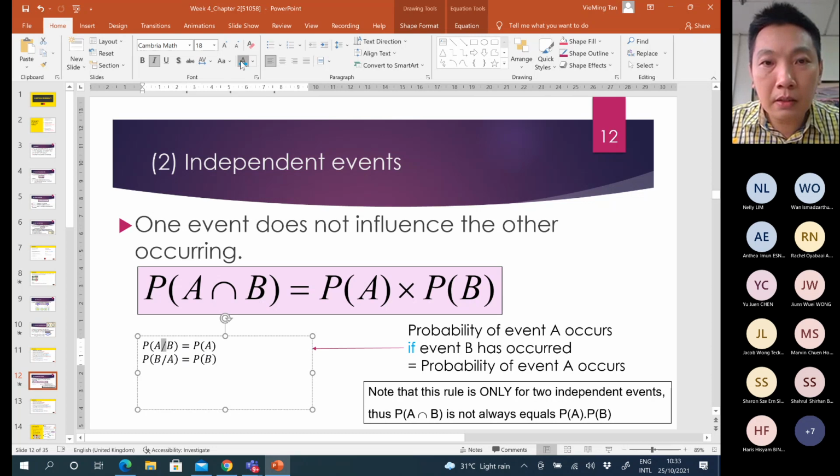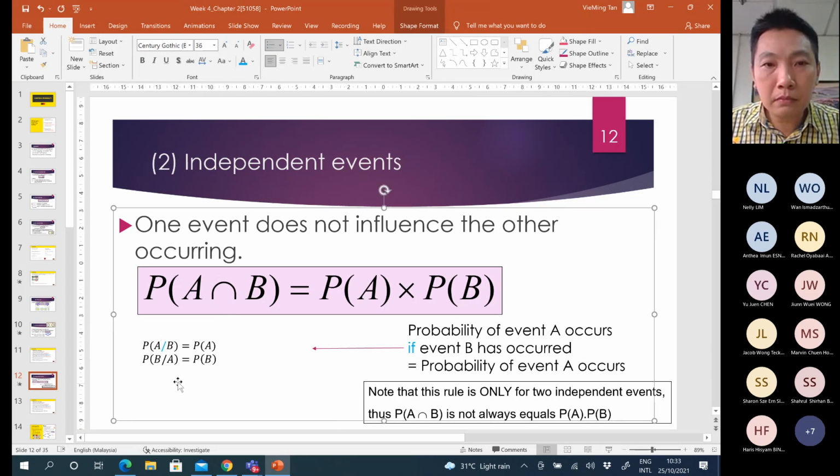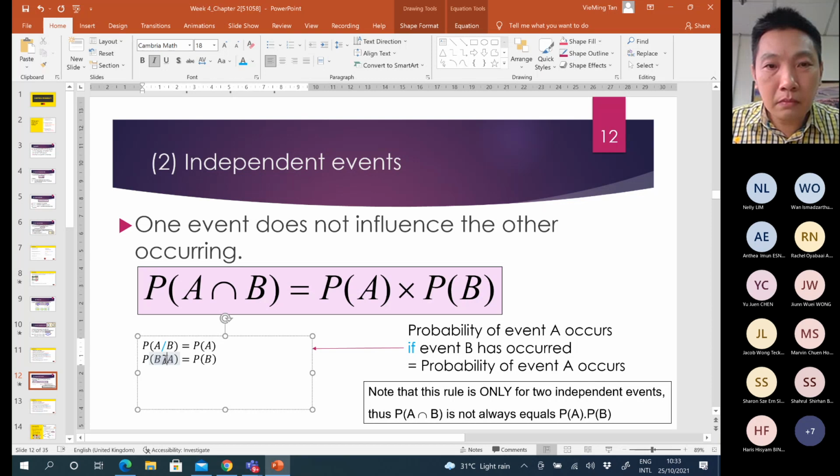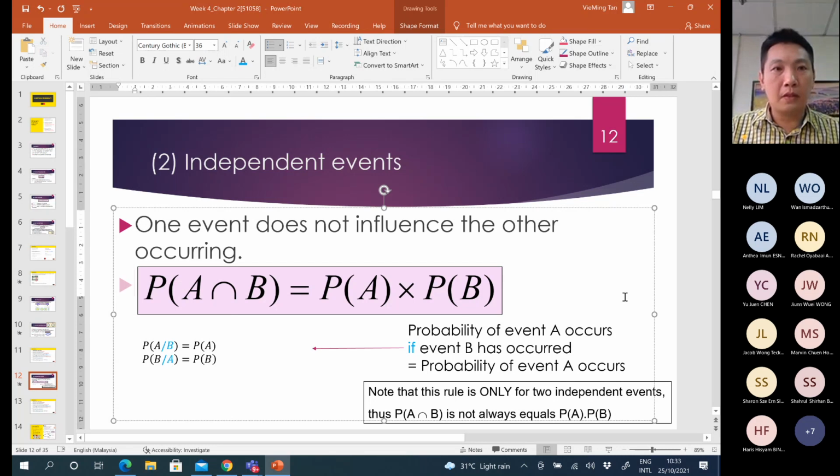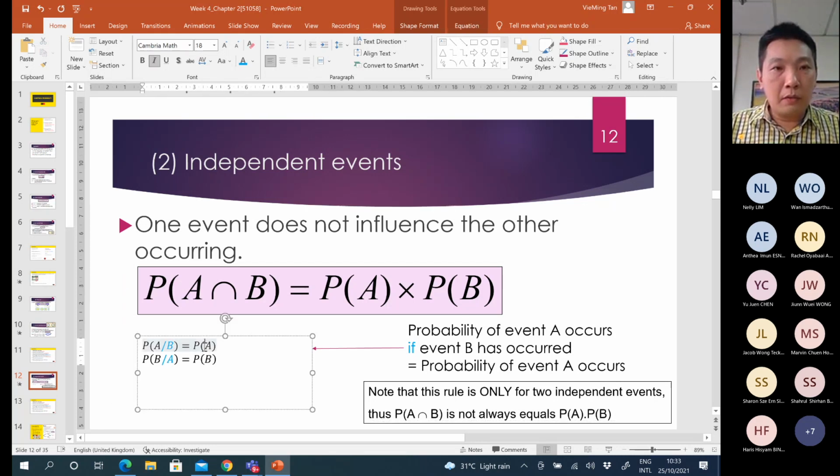Okay, so they can see. We start from this formula. I think I better increase the size so they can see.